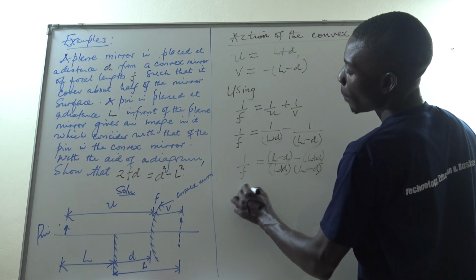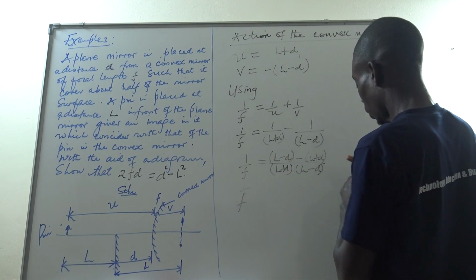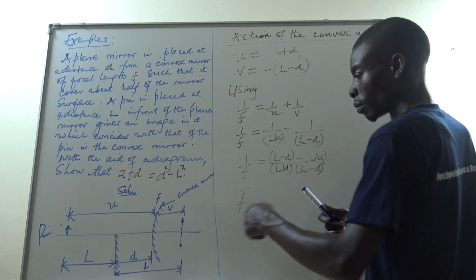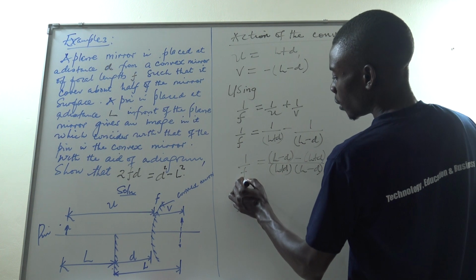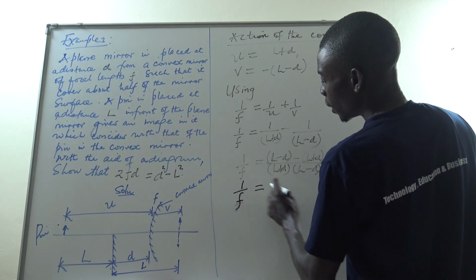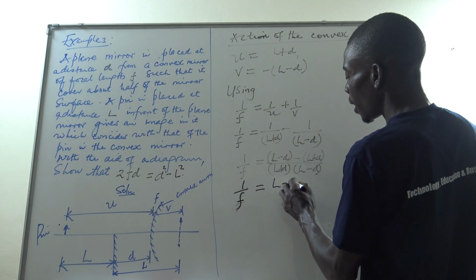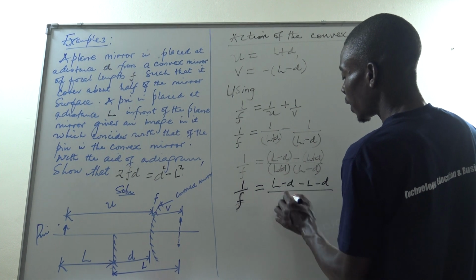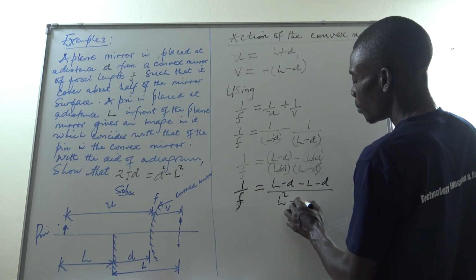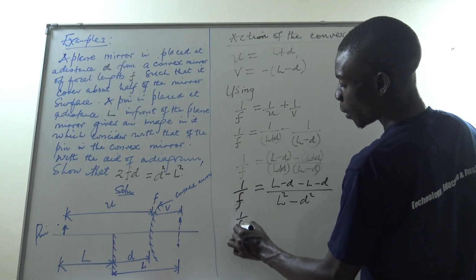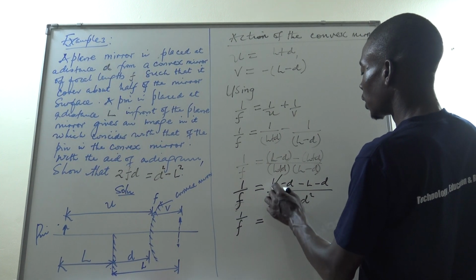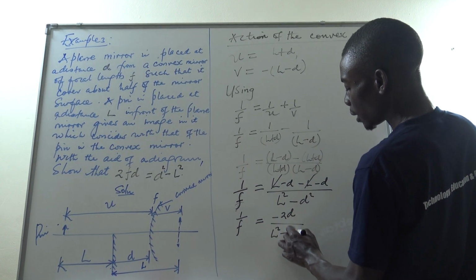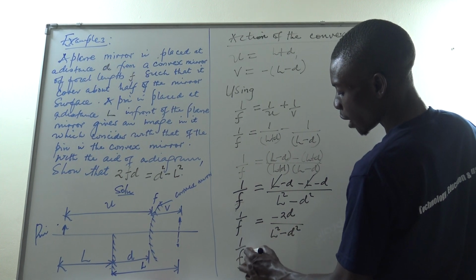We are now going to say my 1 over F is equivalent to L minus D minus L plus D over the difference of two squares, L squared minus D squared. And my 1 over F is equivalent to, it will become negative 2D over L squared minus D squared. That is 1 over F.